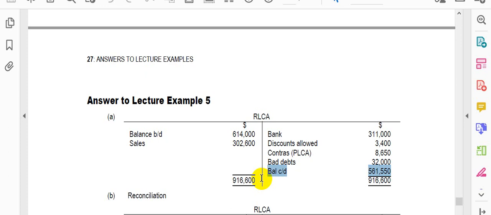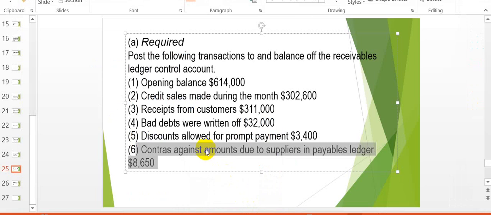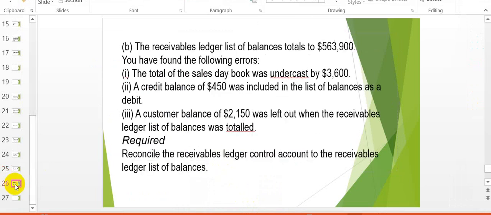So this is the balance that we now need to reconcile. We check for further information that we are given. We are told the receivable ledger has got a list of balances totaling 563,900.